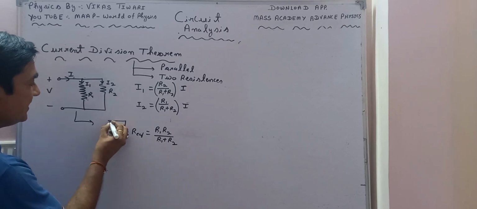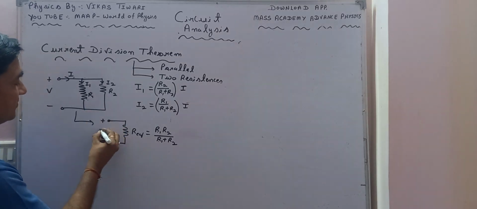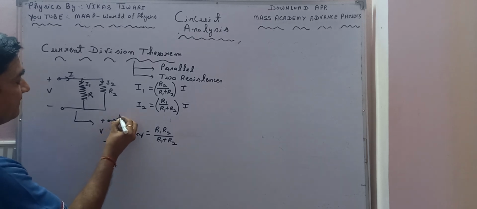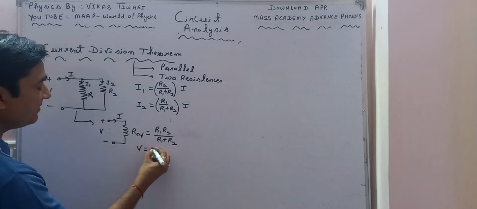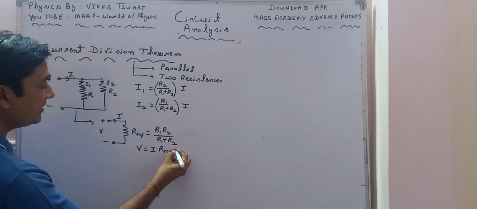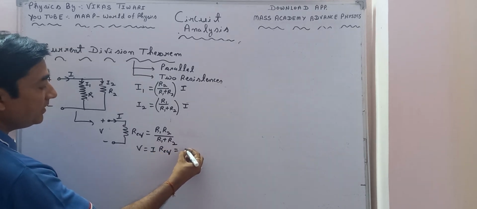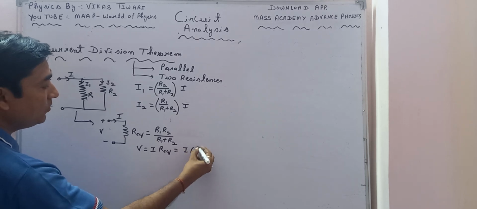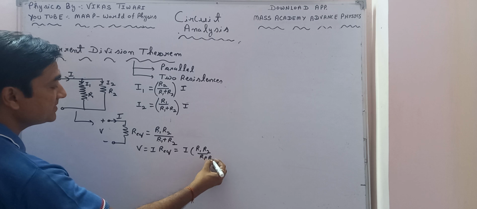So this is the equivalent circuit, and a current I flows through it. The value of V is equal to I into R equivalent, which is I into R1 R2 upon R1 plus R2.